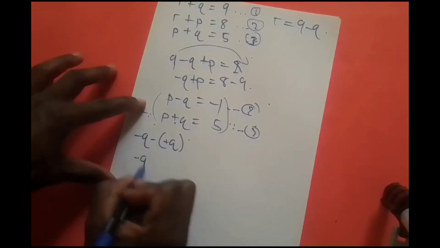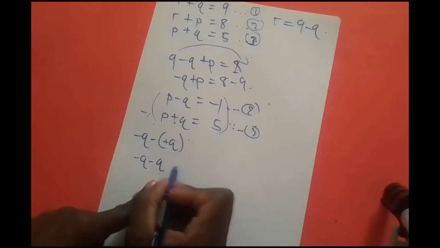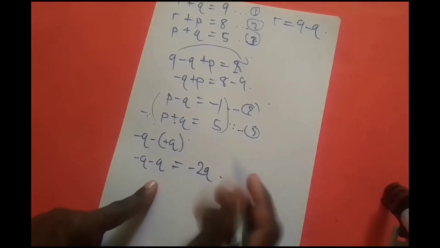So negative q minus q leads to negative 2q.